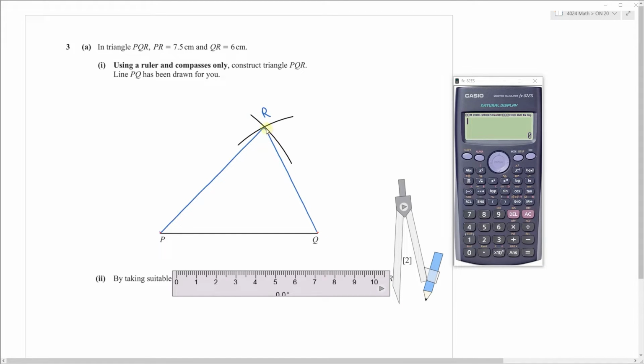Like this. So this is your triangle PQR, where PR is 7.5 and QR is 6.